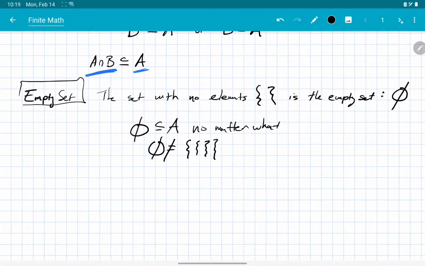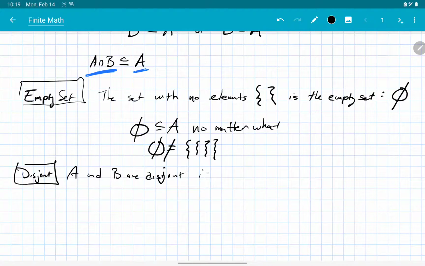Okay, we also need to talk about what it means for sets to be disjoint. A and B are disjoint if they share no common elements.